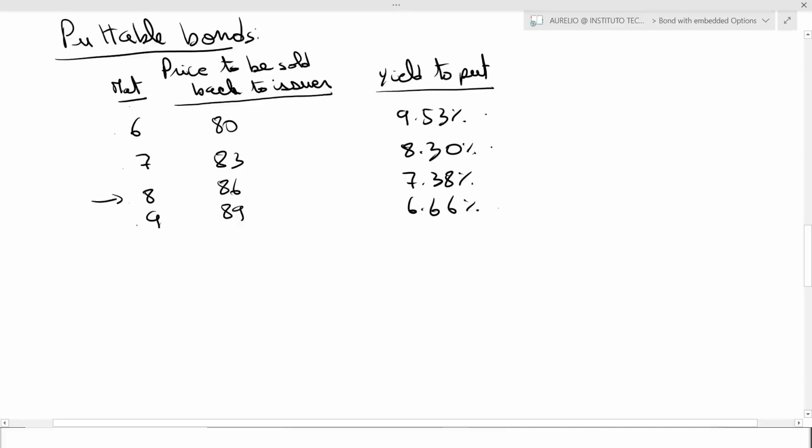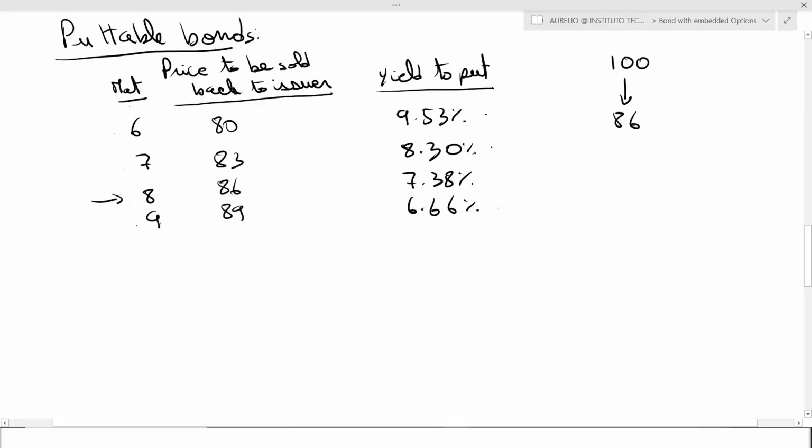Let's examine the case of the 8-year maturity with a price to be sold back to the issuer of $86. In this case, the bonds of the company started with a price of 100, and then they went down to a price of 86. That means that the company is doing really badly, worse than what they expected.